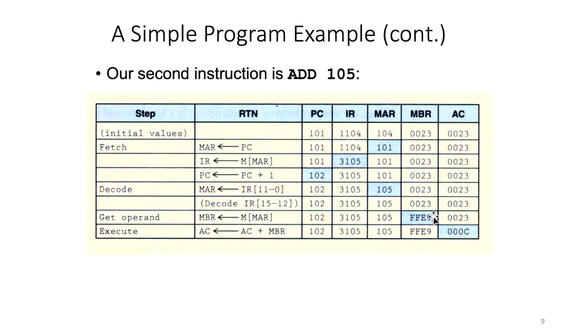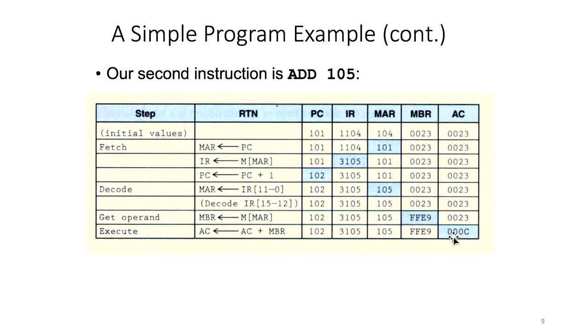Okay, so now all the data is in place, we can execute the operation by taking the value in the AC and adding it to the value in the memory buffer register. So you have the AC value right here, and it is added to the value of the memory buffer register, and then we obtain the new value.